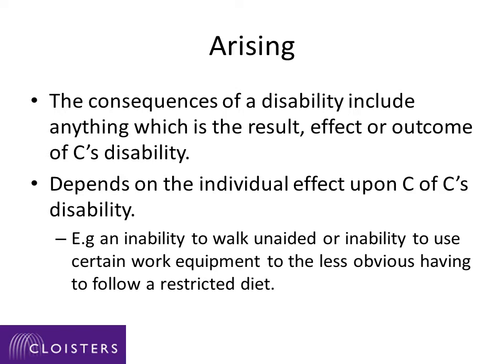An example of this would be an inability to walk unaided, or an inability to use certain work equipment. And it ranges from there, which may be fairly obvious and visible, to the need for the worker to follow a restricted diet, which may be less easy to detect.